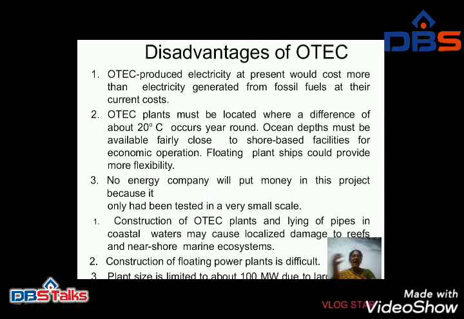In this there is the electricity production. The two basic system designs have been demonstrated to generate electricity, that is, as we already discussed, closed and open cycle.